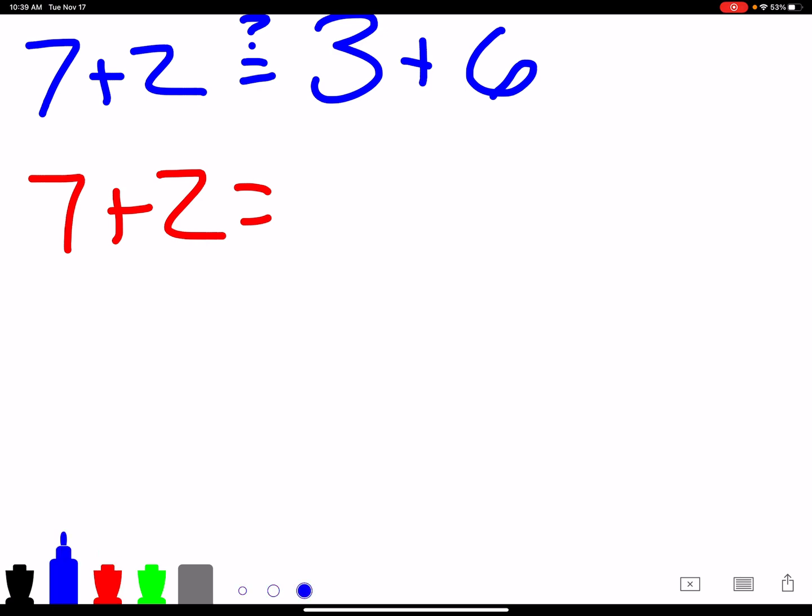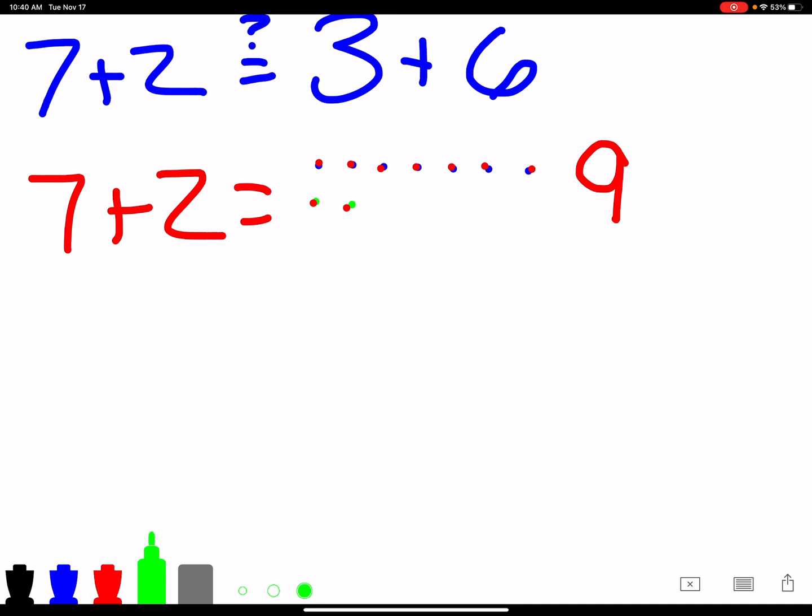So if we want to count to 7, 1, 2, 3, 4, 5, 6, 7, and let's count to 2, 1, 2. Since this is an addition equation, we are going to put those dots together. So let's count to see how many dots we have in total. We have 1, 2, 3, 4, 5, 6, 7, 8, and 9. We have 9 in the first problem, okay?